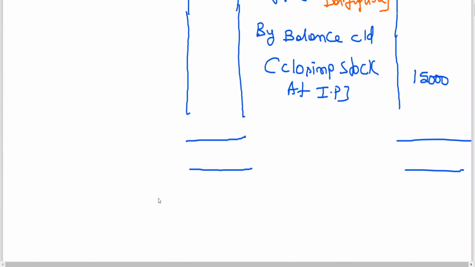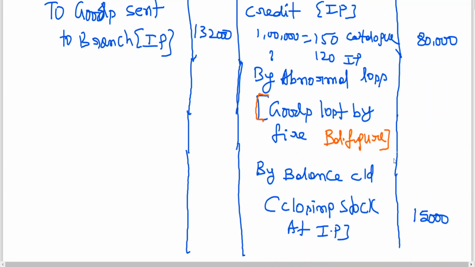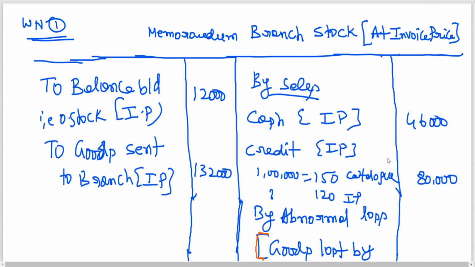132 plus 12, 144. 1,44,000 minus 15,000, minus 80,000, minus 46,000.